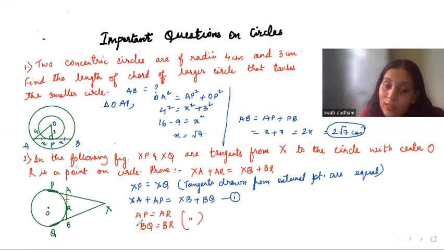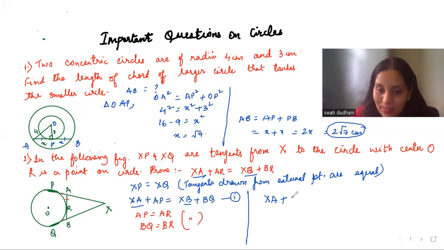All right. So using this, we will now change our equation because if I see my proving point, one thing is for sure that you always need to keep an eye on what you need to prove. So here I have XA, and here I have XB. My other terms are different. So we have just proved XA plus, AP and AR are equal. So instead of AP, I can write AR.